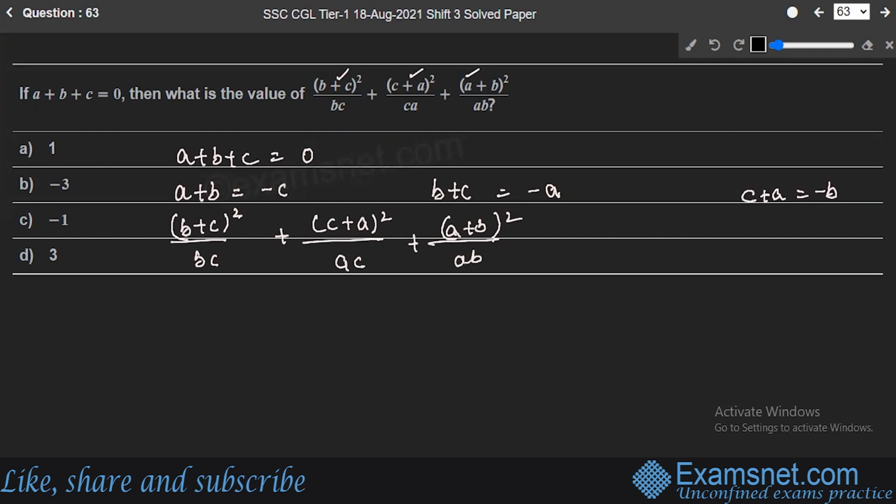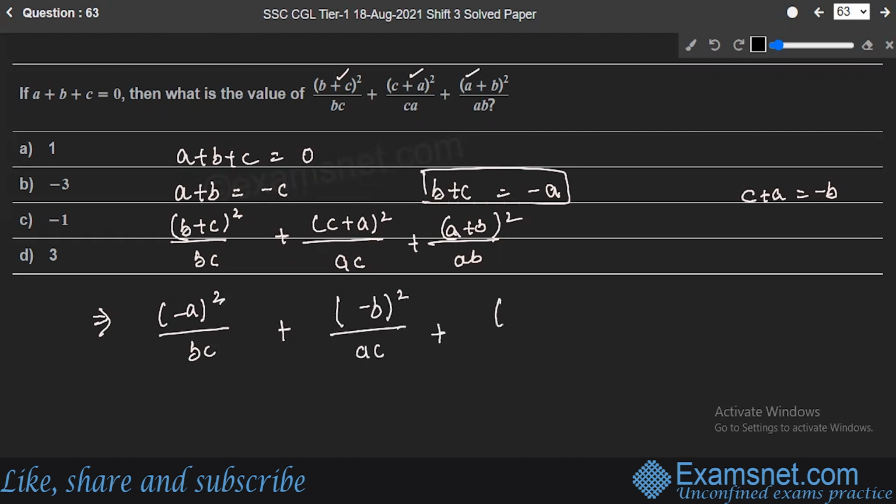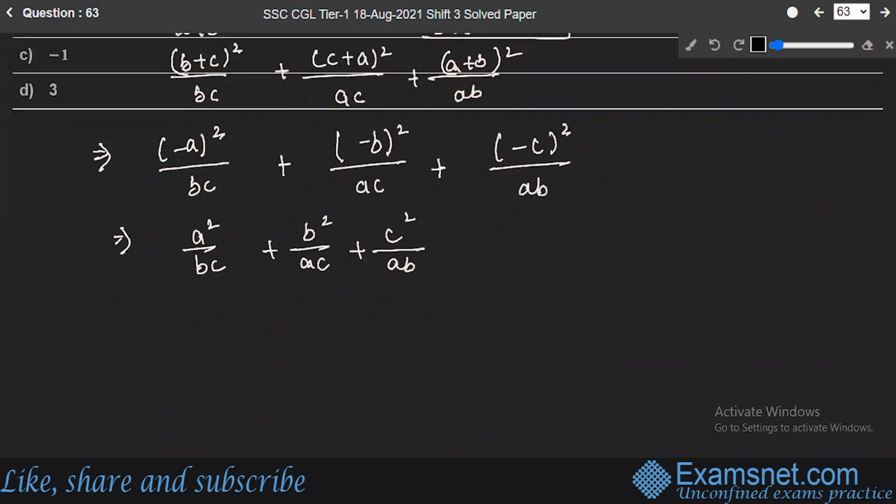So you'll have minus a, because b plus c was equal to minus a, squared upon bc, plus minus b squared upon ac, plus minus c whole squared upon ab. This gives you a square upon bc plus b square upon ac plus c square upon ab, right?